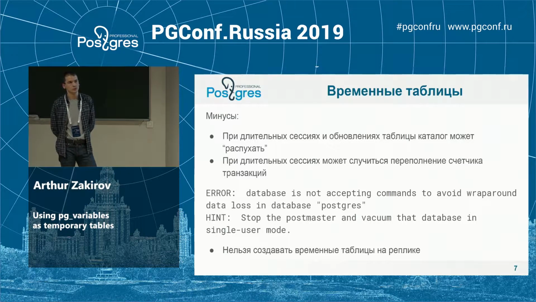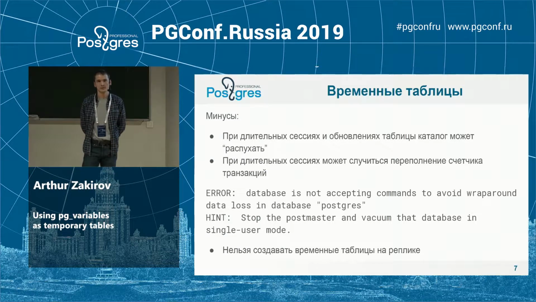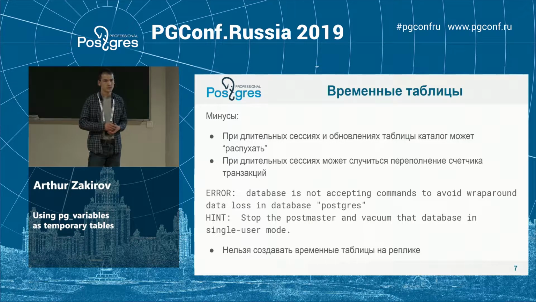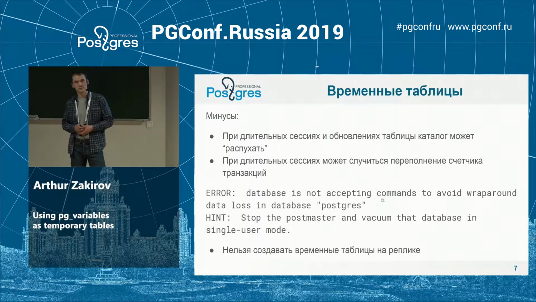Firstly, they can be overextended. If you have a very long session, the same table is changed and extended. And if you also have a long session and perhaps they are not changing, you can face wraparound. You can experience these two cases if you don't run vacuum. But if you run vacuum, you will not face these errors.